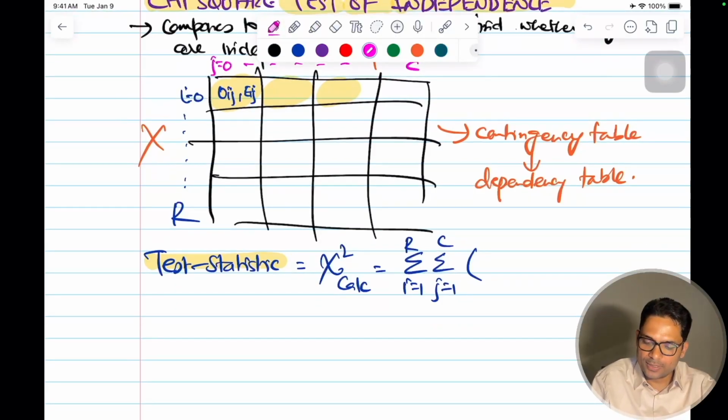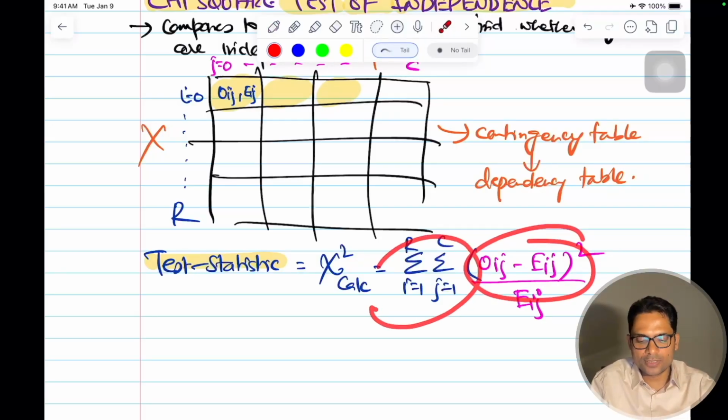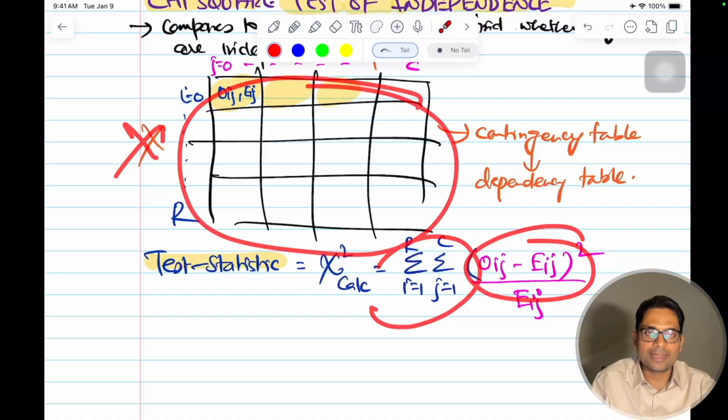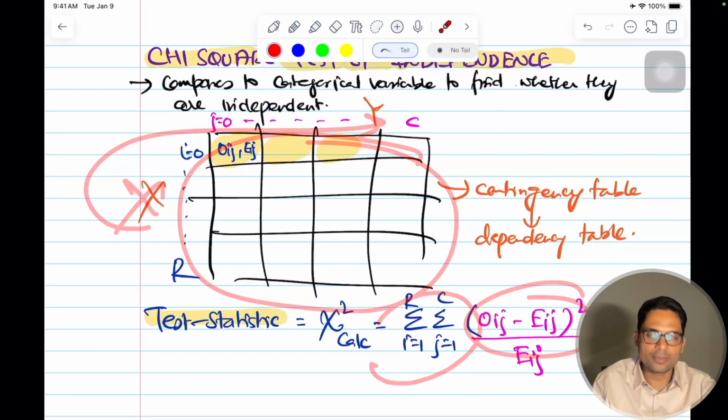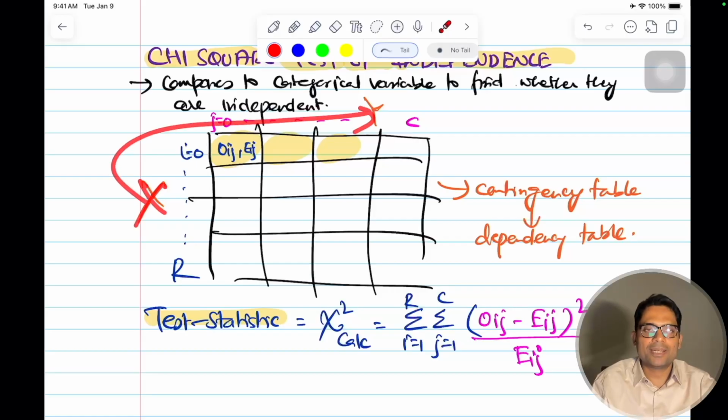We'll see how to compute that. So it will just compute (O_ij minus E_ij) whole square by E_ij. It's the same thing, just across this complete table that we got for x and y. We put them together and try to find it. So we are trying to do a test of independence.